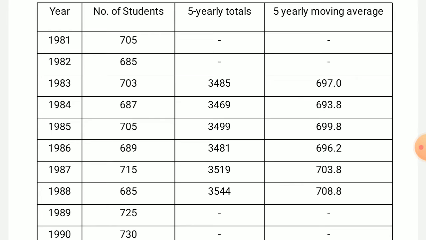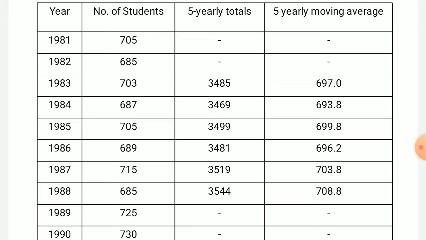First we have to compute the total of the first 5 years, and place that 5 years total against the middle of the third year. So 705 plus 685 plus 703 plus 687 plus 705 is equal to 3485.